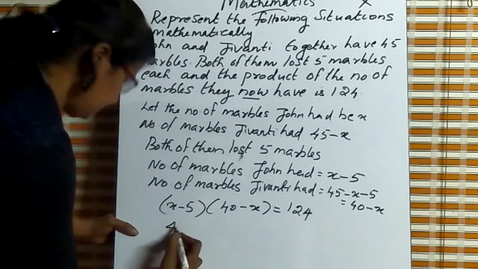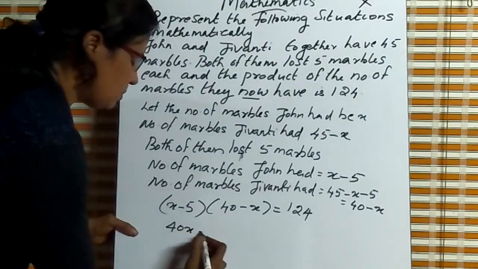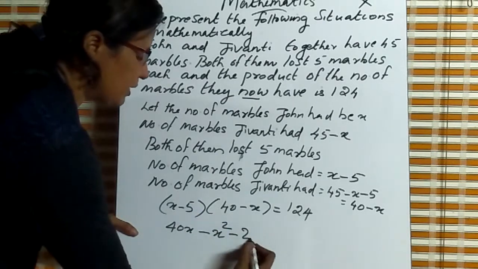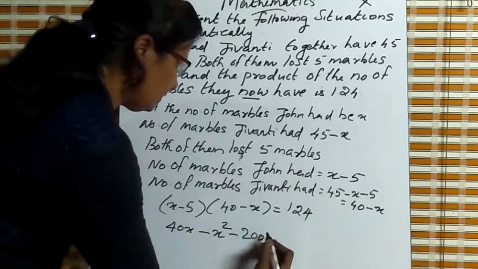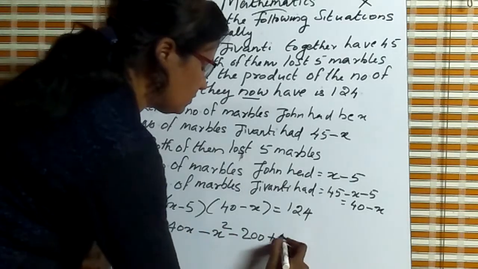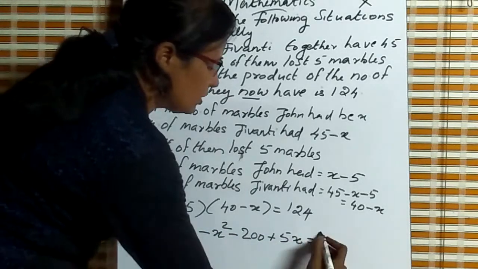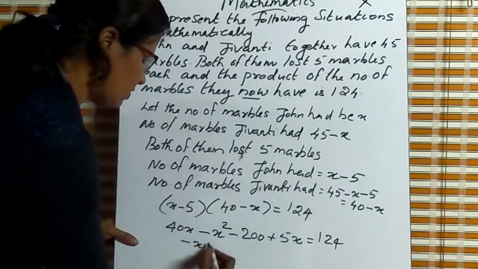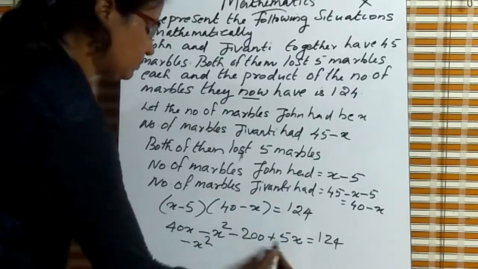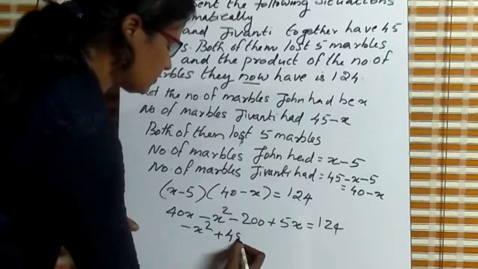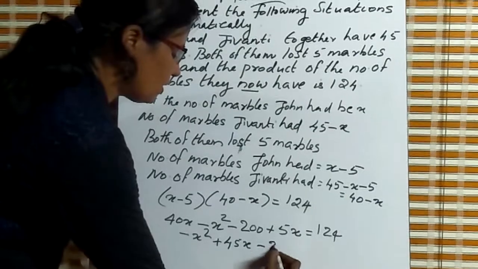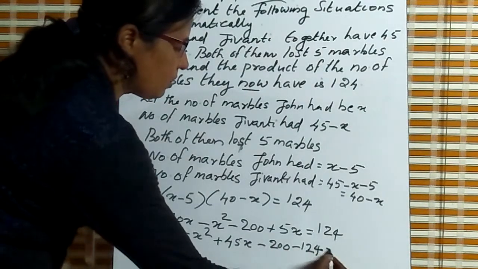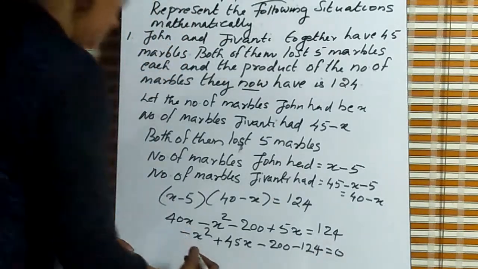x into 40, 40x, minus x into x, x square, minus 5 into 40, minus 200, minus 5 into minus x is plus 5x, is equal to 124. So minus x square first, 40x plus 5x is 45x, minus 200, and bring this 124 to the left side. It is minus 124 is equal to 0.